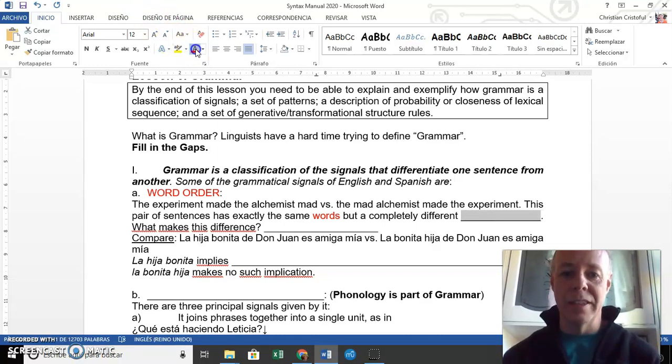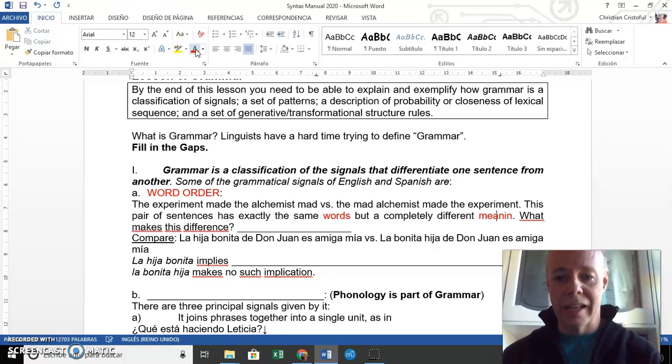A completely different meaning. So, word order changes the meaning in English. What makes the difference when you have the same words but different meaning? Word order. Okay, so the first signal is word order in English.